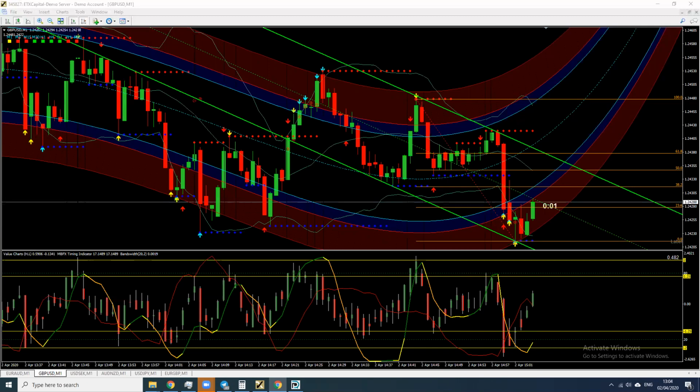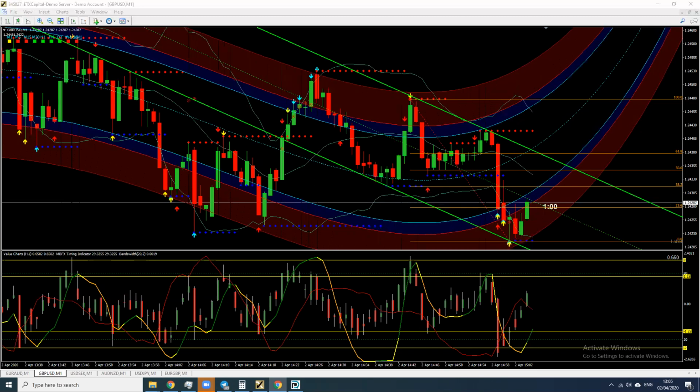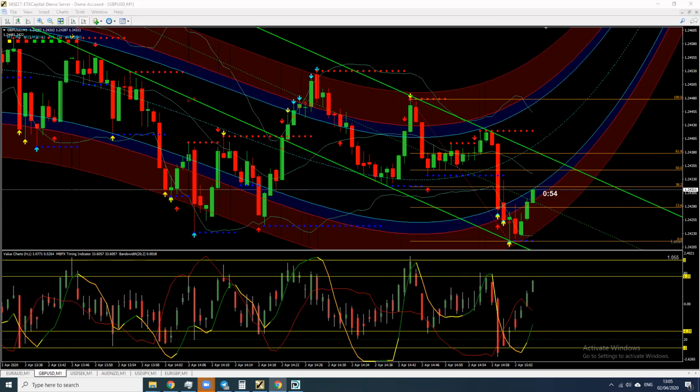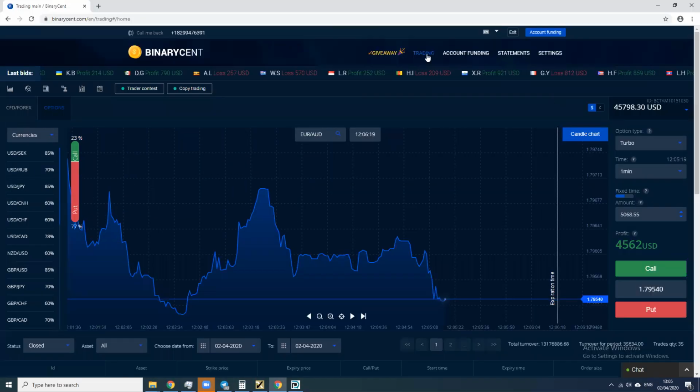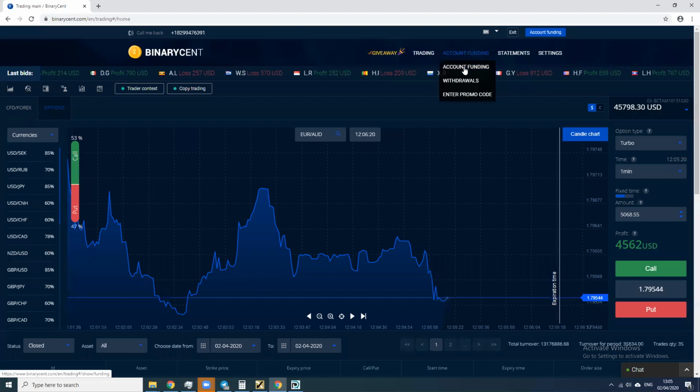I have a wallet. Yeah. Okay, good. So that's what you'll do: fund your wallet and then buy Bitcoin from that. Okay, and then send that Bitcoin to binary cent. So when you're ready, what you do is account funding. So we'll just.